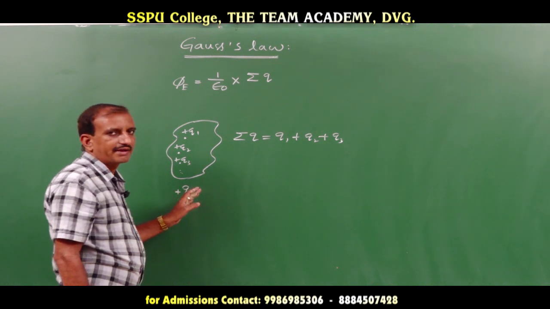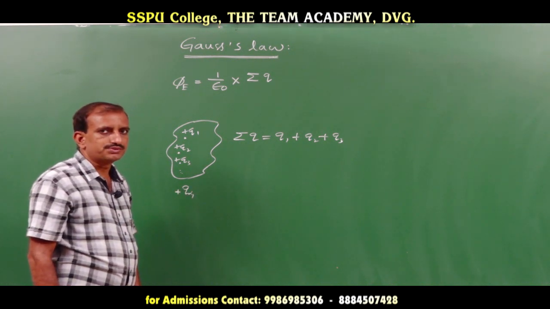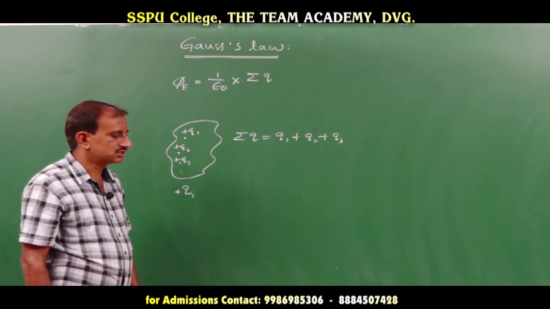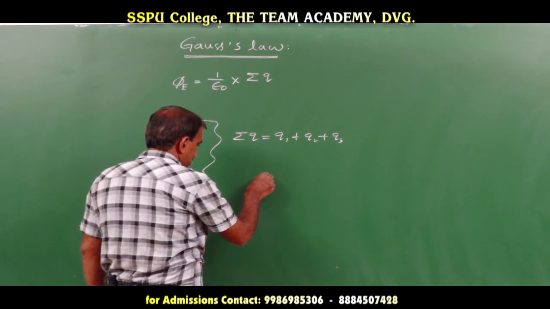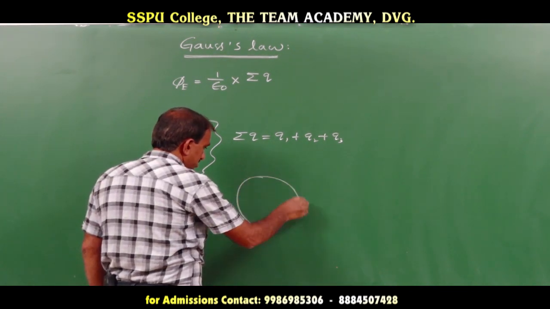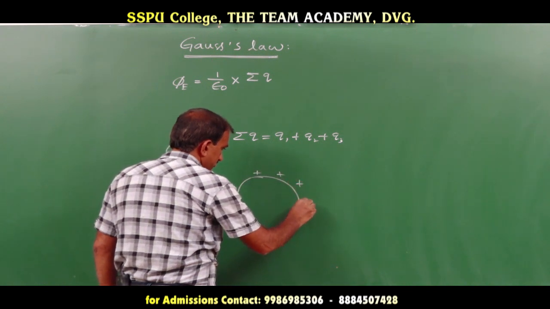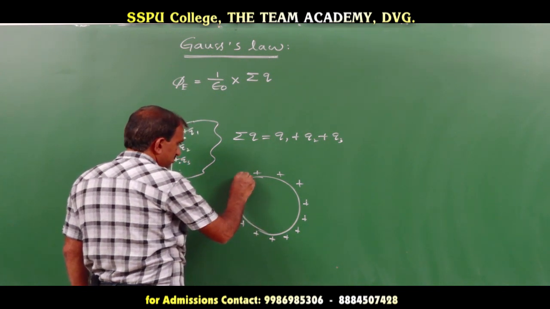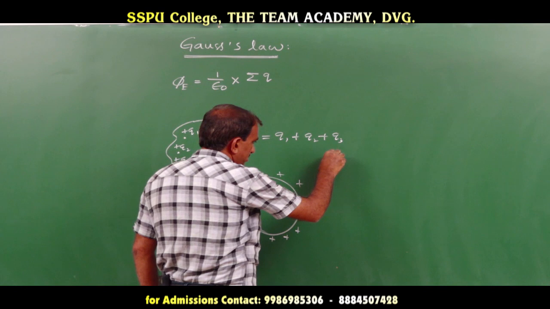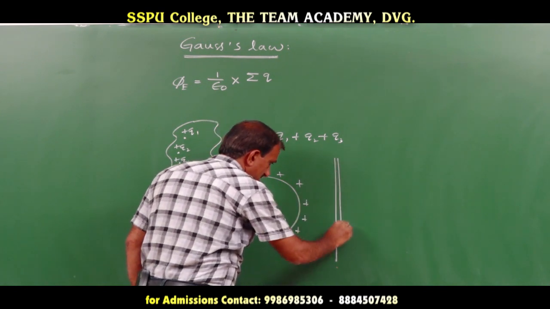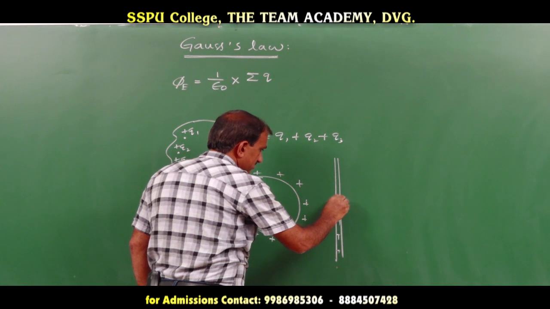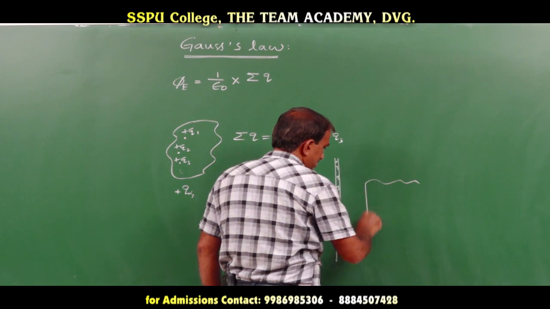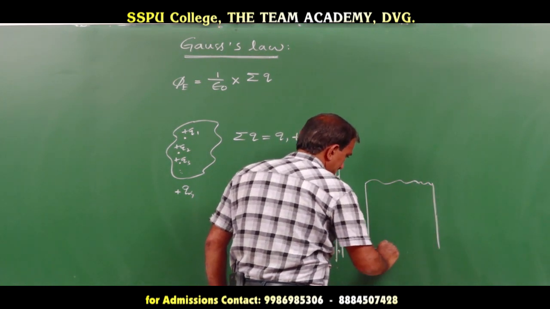Gauss law can be applied to find the electric intensity due to symmetrical charge distributions, like the electric intensity near a uniformly charged spherical conductor, a uniformly charged infinitely long thin wire, and also the electric intensity due to a uniformly charged infinitely long thin sheet of charge.